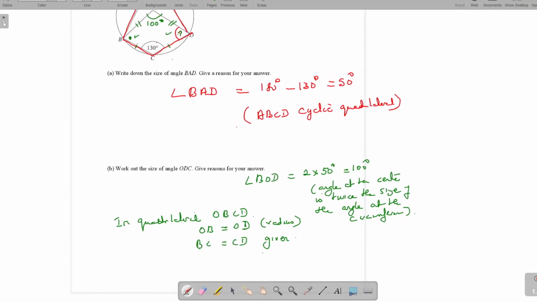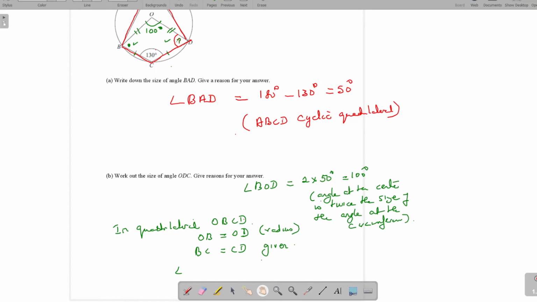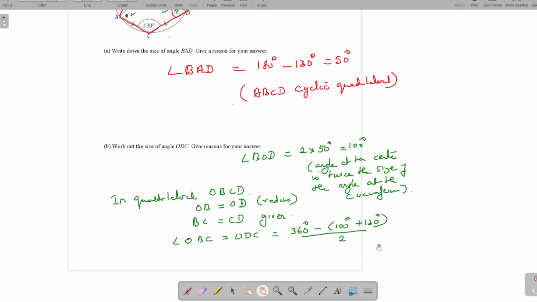Therefore, we could say angle OBC is equal to ODC, which is equal to 360 take away 100 plus 130, divided by 2. So that's 230, that's 130 divided by 2, which is 65.